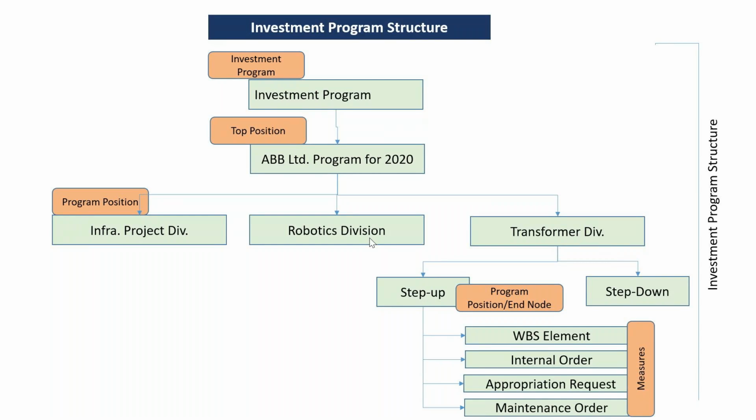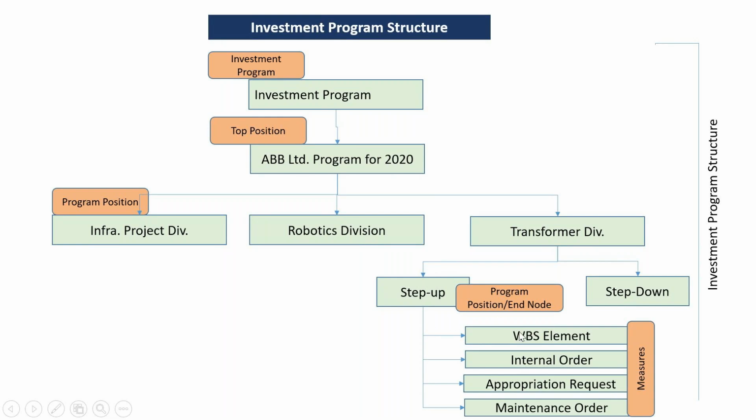Okay, so here, let's say if I'm looking into this scenario, I'm having one step up and a step down, two positions, and let's say in the step up position sub budget has been planned. Okay, so let's say I'm having 500,000 of budget here, 500,000 USD for example, so this means this budget I can distribute further to its assigned measures.